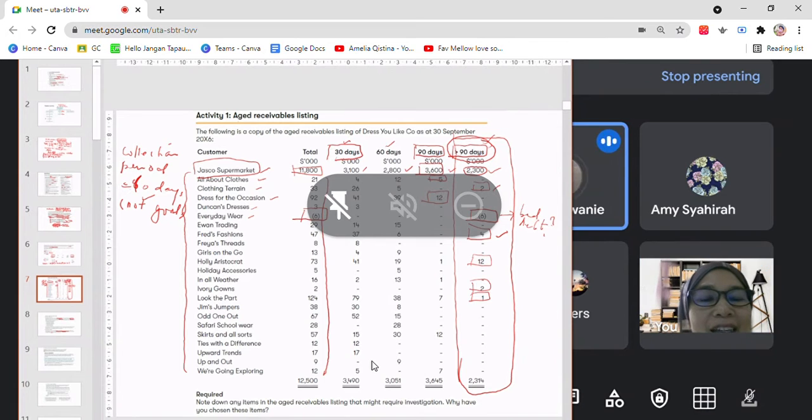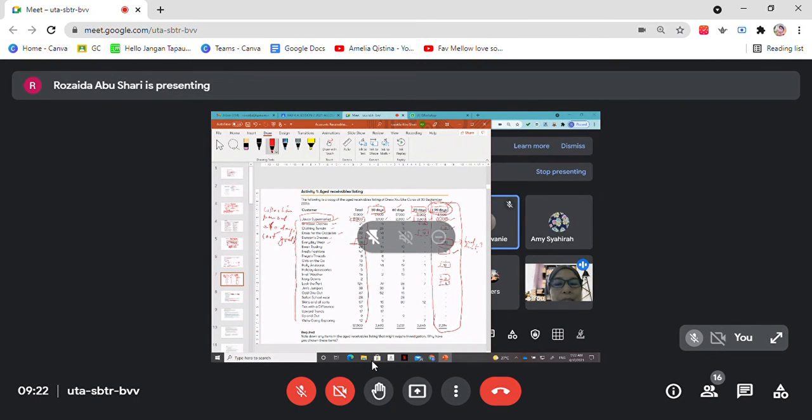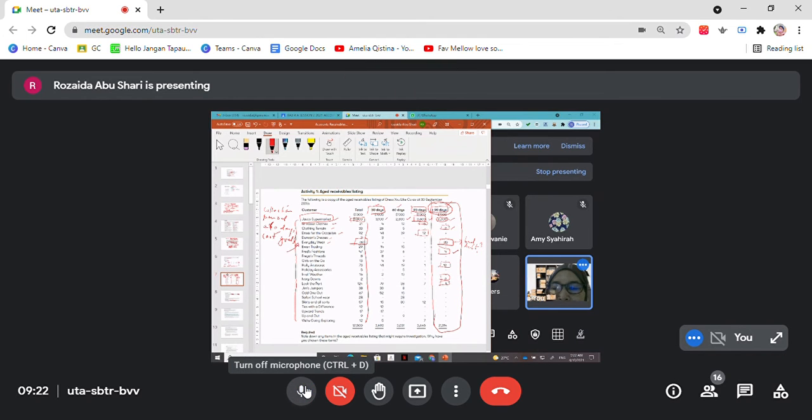Maybe pay in advance. Pay in advance, yes, good. Yes, pay in advance. Other than that, pay in advance or overpaid, yes, good, overpaid. They paid after we returned it.